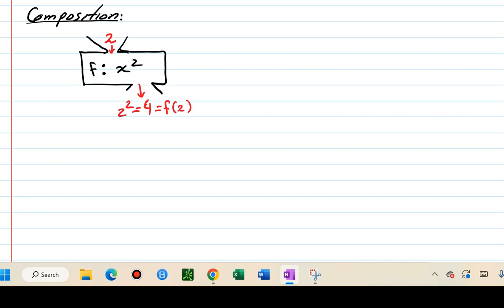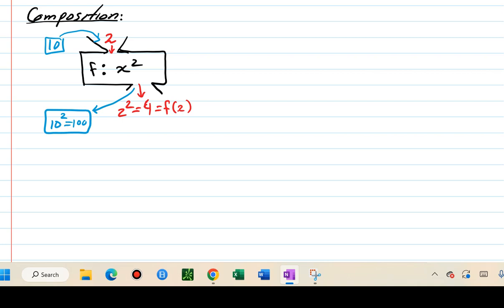Let's do another one. Okay, so for instance, let's say I put a 10 in this time. Input 10. When 10 goes in, what comes out? Well, the machine does what it's supposed to. It will square it. It says, okay, there is 100. So corresponding to a 10 is that number, 100, the output.